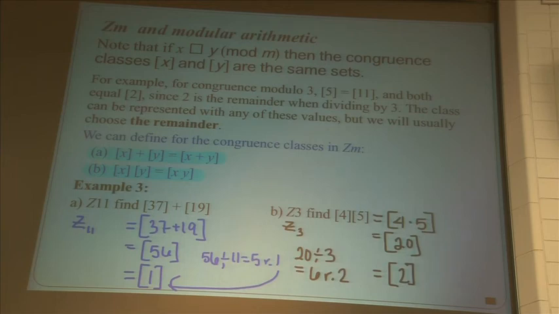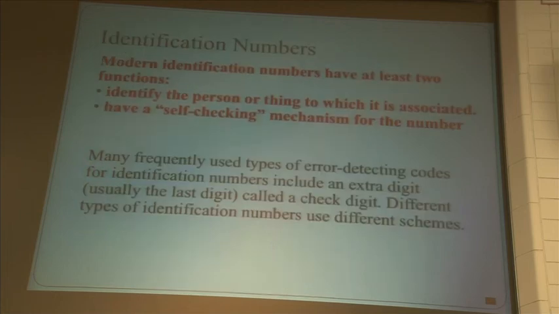Now, we're going to change gears a little bit and get into some actual coding theory. Identification numbers. There is a method for how these are generated. They don't just randomly pick some numbers out of a computer.